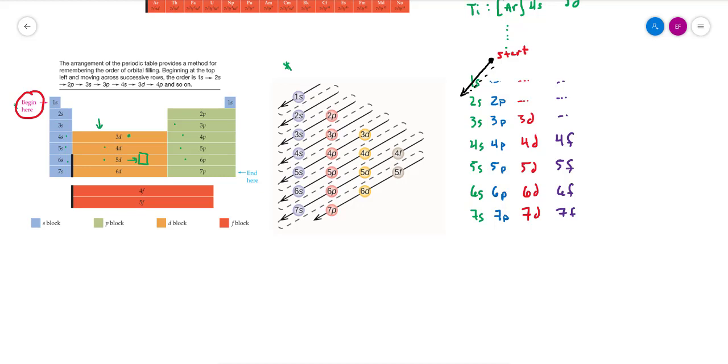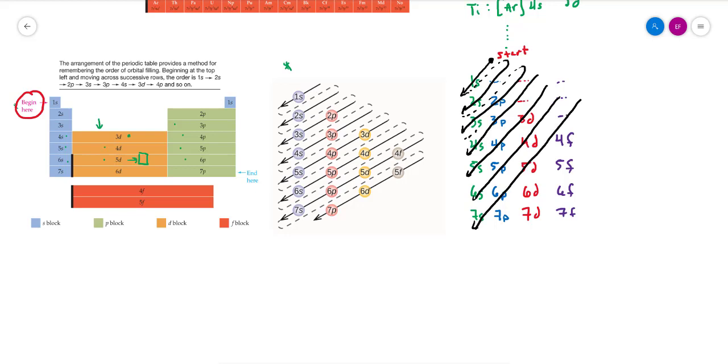And so you'll come back up and then draw that through, come back up, draw that through, come back up, draw that through, and you can sort of get a pretty good representation of how these orbitals should fill. And so now you can think about filling these.